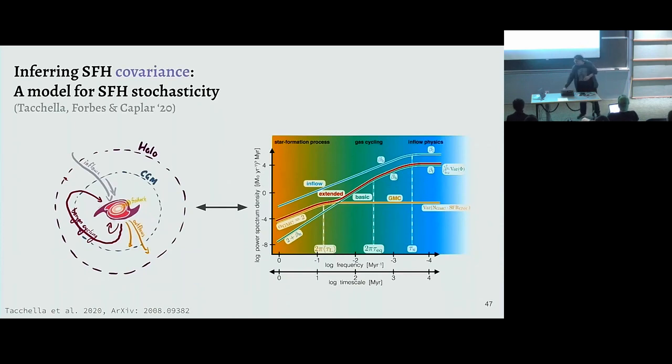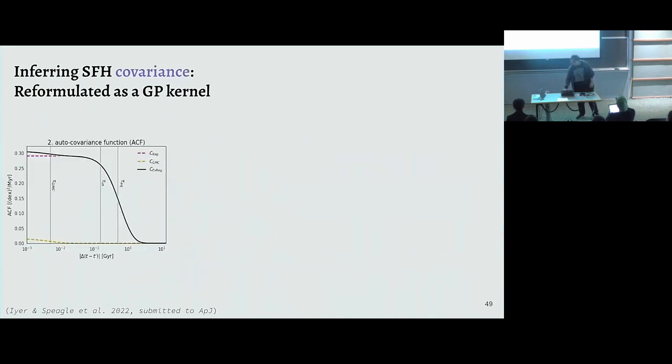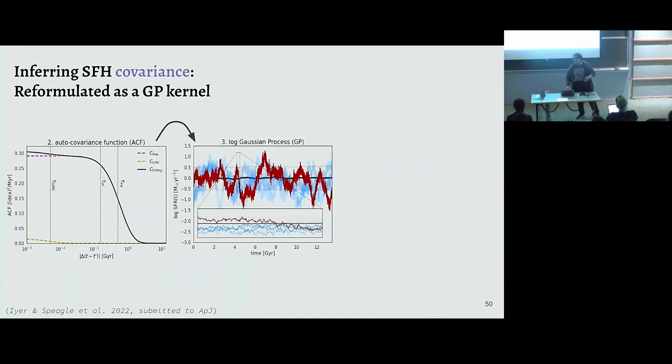Josh Speagle and I took this and used the Wiener-Khinchin theorem to bring it from Fourier space to autocovariance space in real time, just as a function of separation. The really cool thing about an autocovariance function is it fits into a GP, which means you can now draw from it.